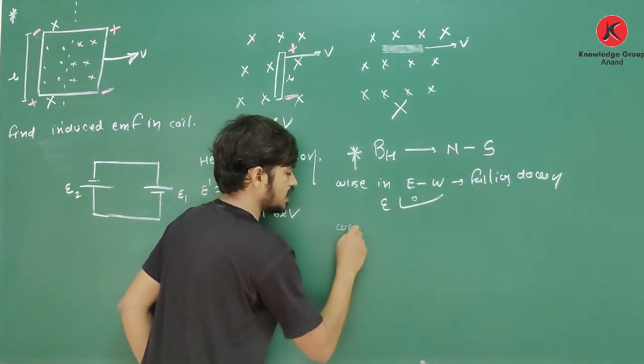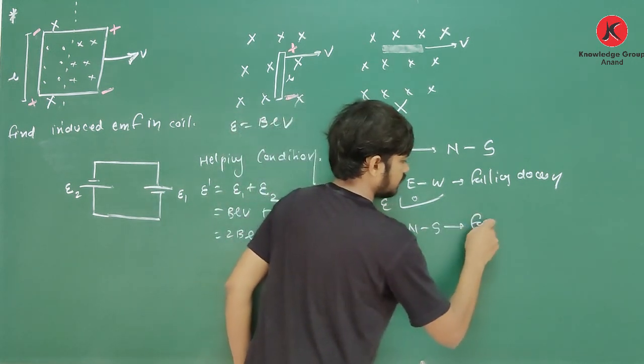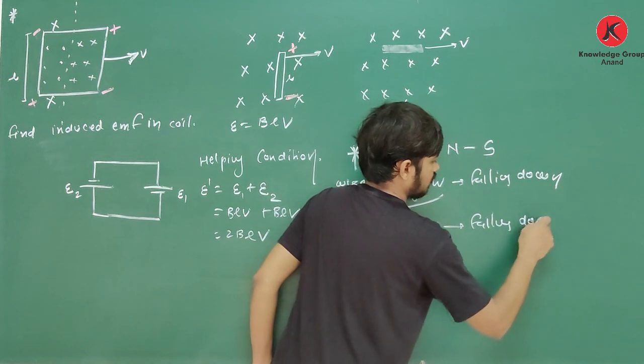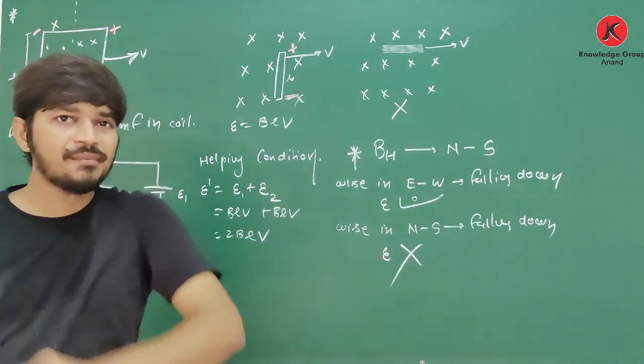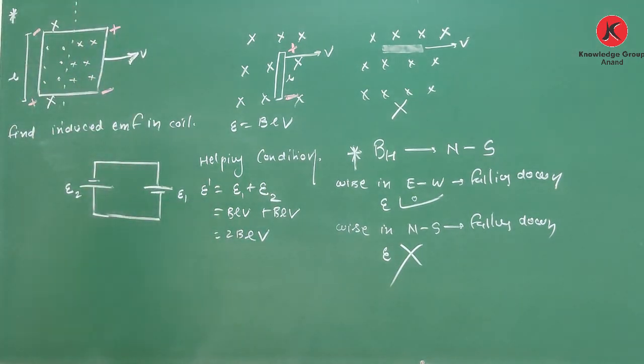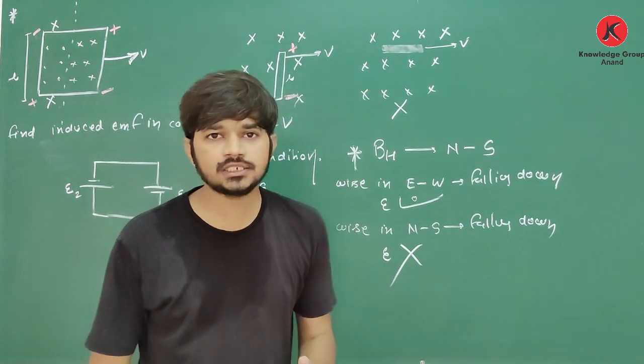But if a wire in the north-south direction is falling down, then EMF is not induced. So this extra point you have to remember. Clear about this? So this is it for today.